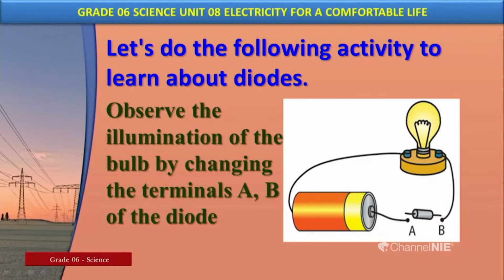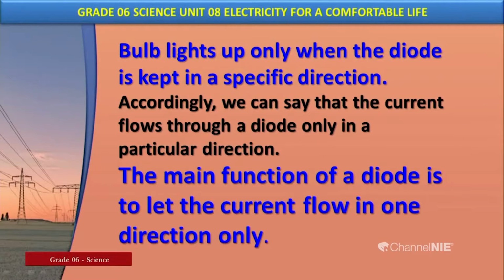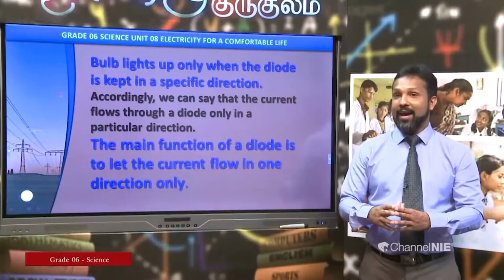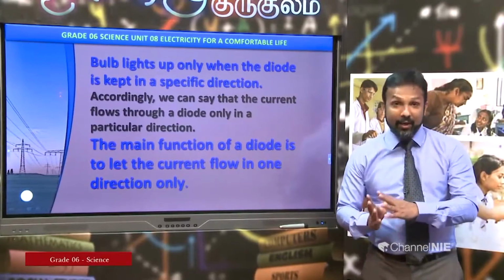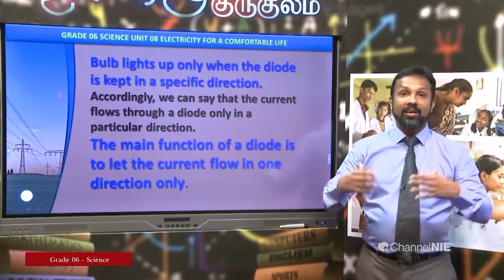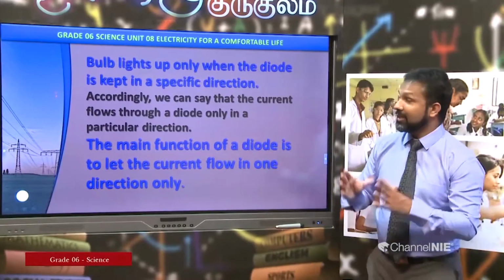In this instance, as you can see, the bulb lights up only when the diode is kept in a specific way. What is that specific way? Can you remember? I told you in the first instance, I kept the positive terminal of the diode to the positive side of the battery, and the negative terminal of the diode to the negative side of the battery.